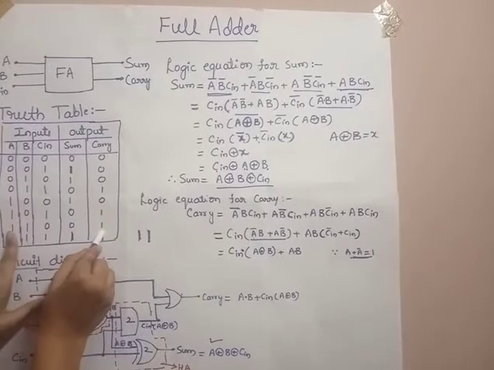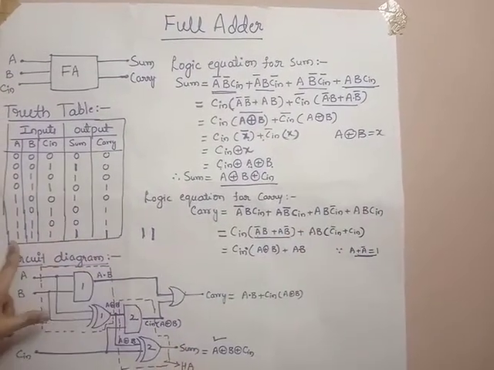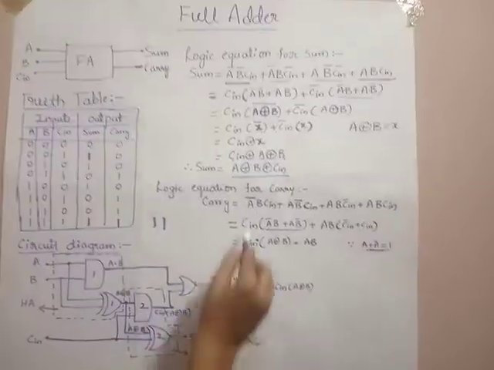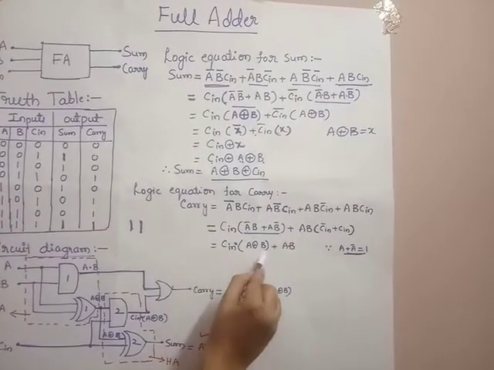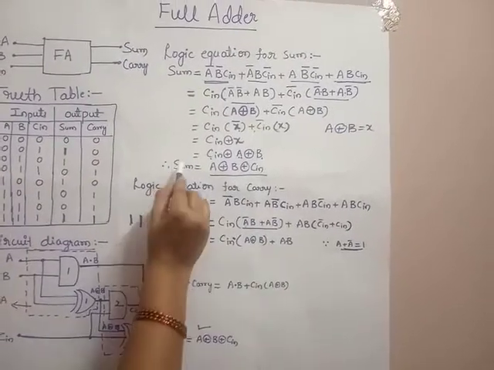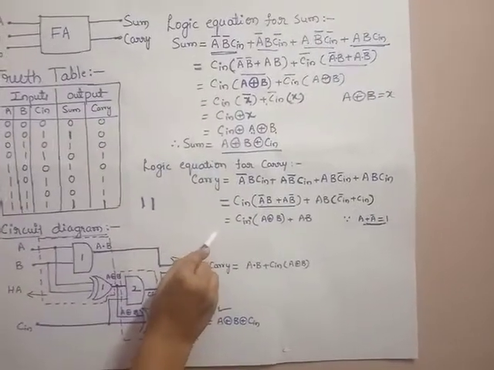Next one is for 1 1 0, that means Cin has bar. Last one is for 1 1 1, so there is no bar. If we solve this equation, we will get Cin dot (A XOR B) plus A dot B. That means now we have two equations, one for sum and another for carry.